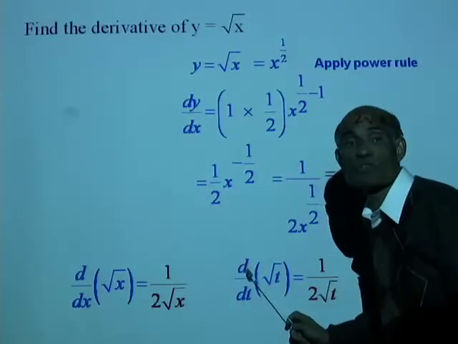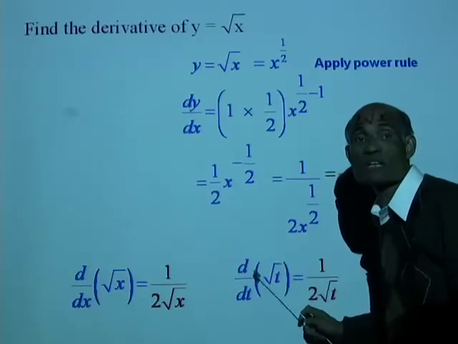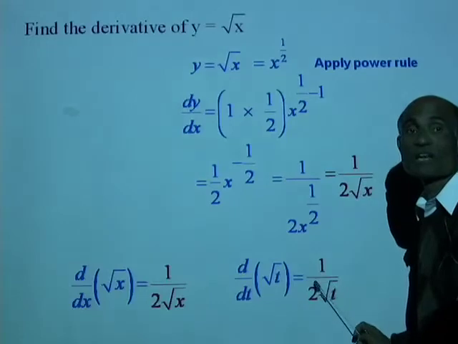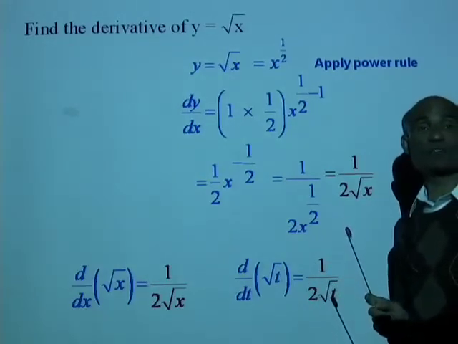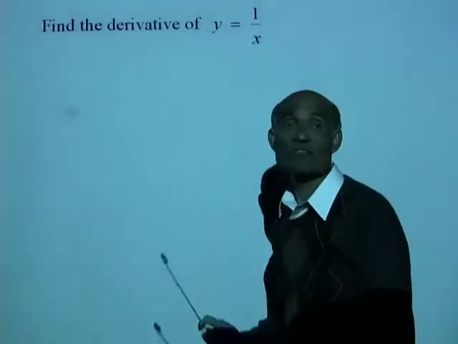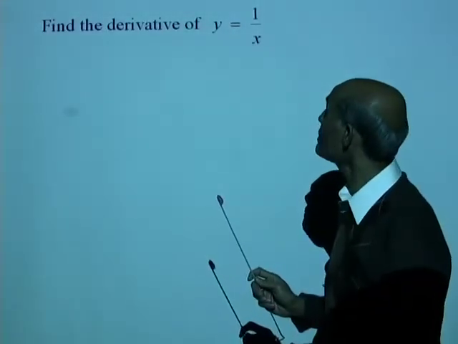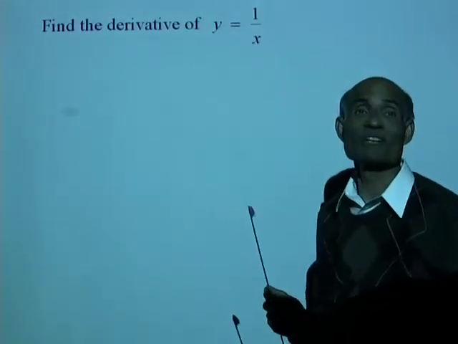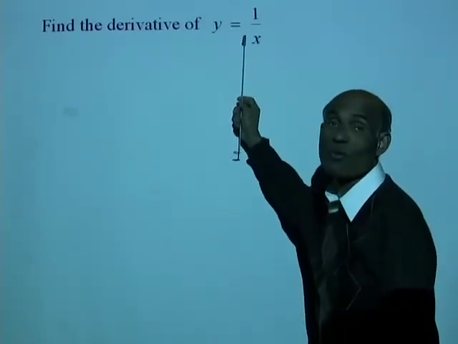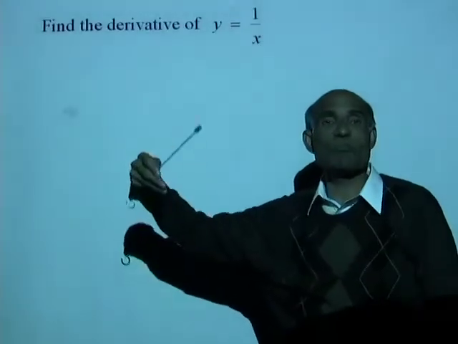Similarly, the derivative of square root t with respect to t, d by dt of square root t is 1 over 2 square root t. Very important result. Let's find the derivative of y equal to 1 over x using the power rule, which means you need to write 1 over x using some power of x.